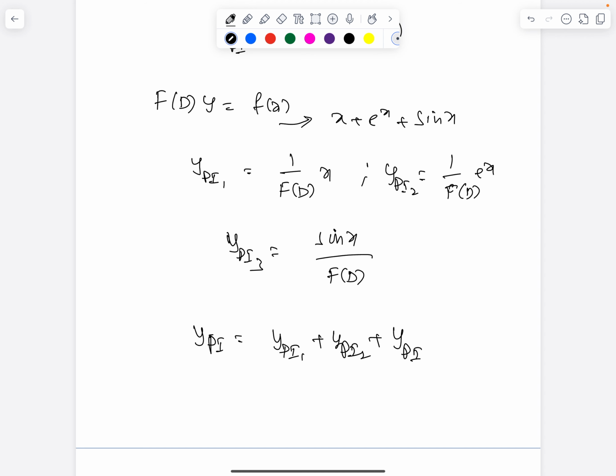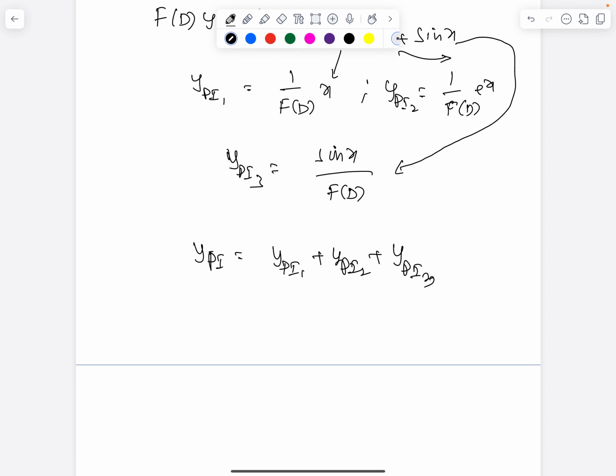It follows the principle of superposition, which is also a solution altogether. You can do it separately for each term and then club them later. It is up to you how you are going to solve it.